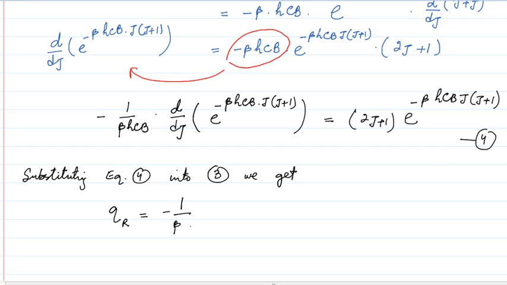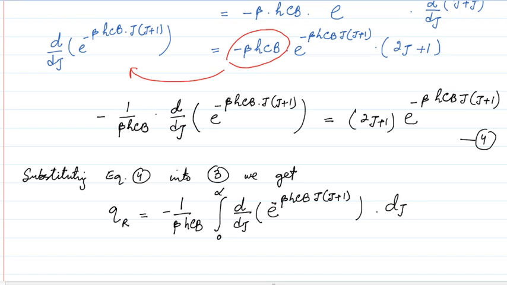So we can write minus 1 upon beta hcb, then integral from 0 to infinity d upon dj into e raised power minus beta hcb j into j plus 1 dj.